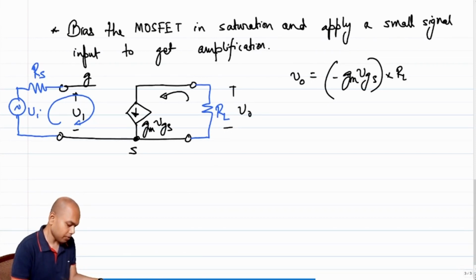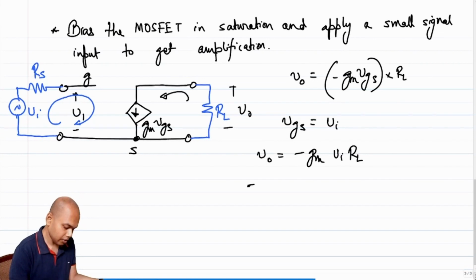Since there is no current, VGS is equal to Vi. So if I plug this value into the top equation, V0 becomes minus GM times Vi times RL, and V0 over Vi, that is the small signal gain, becomes minus GM times RL.